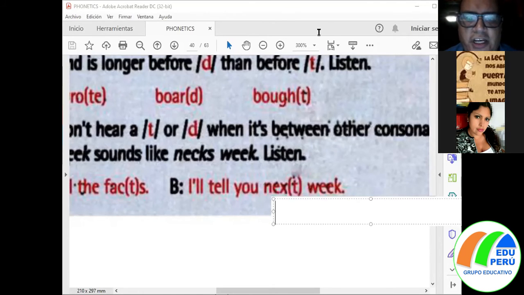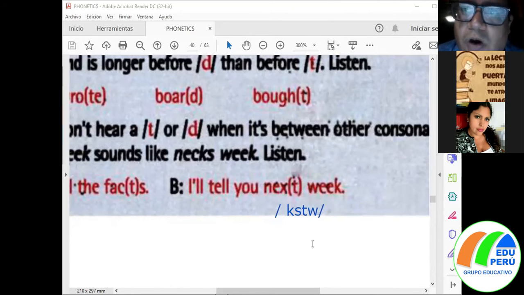We have the consonant ka, s, ta, wo. We have four consonants. Remember, the letter X represents two sounds, ka, s. Then we have the letter T, sound ta, and then week starts with a consonant sound wo. So we have four consonants together.